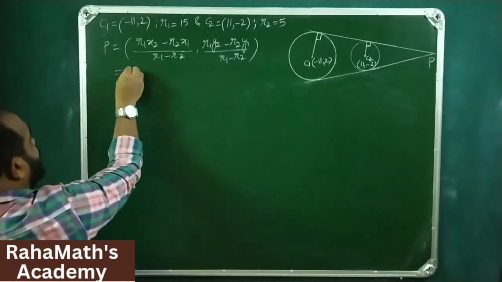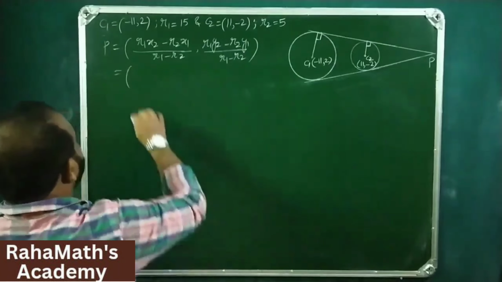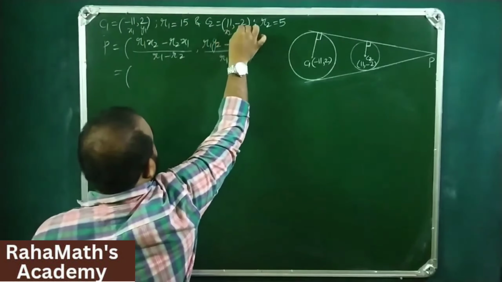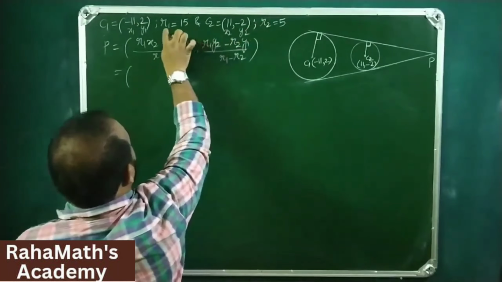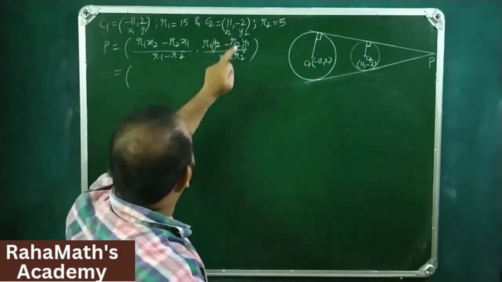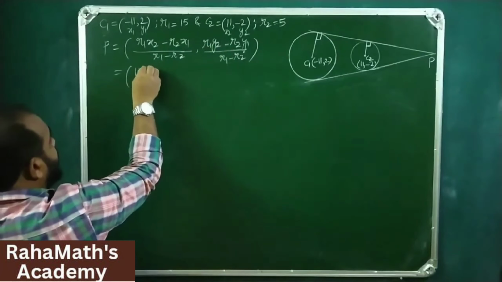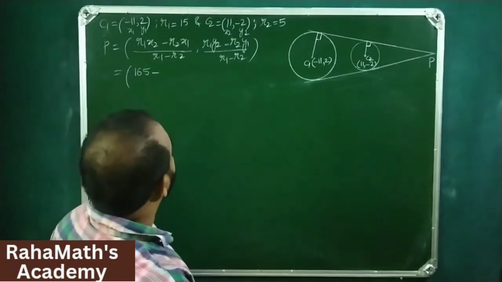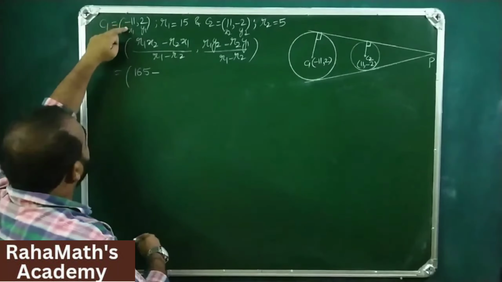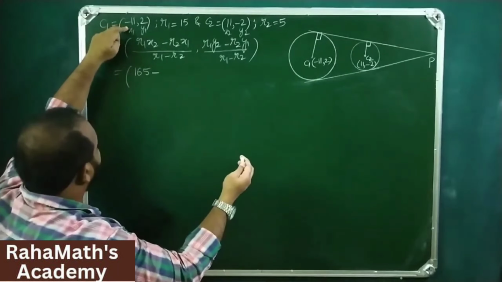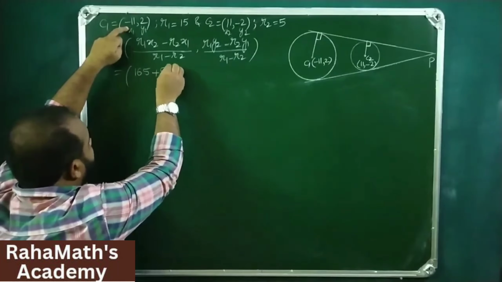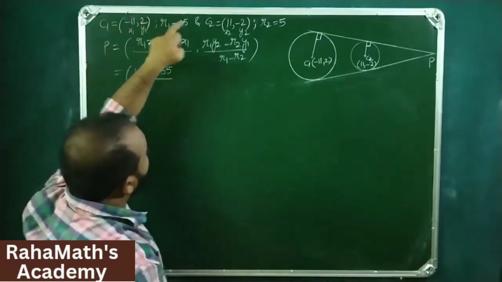So this is x1, this is y1, this is x2, this is y2, R1, R2. R1 x2 is 15 into 11, 165, minus R2 x1, 5 into minus 11, minus 55. 5 11s are 55. So minus of minus, plus 55 by R1 minus R2.